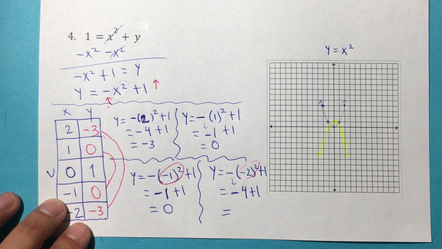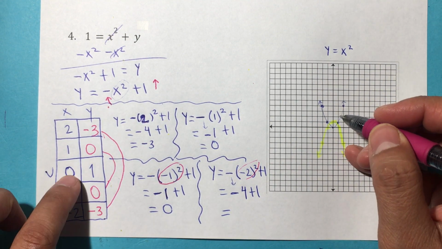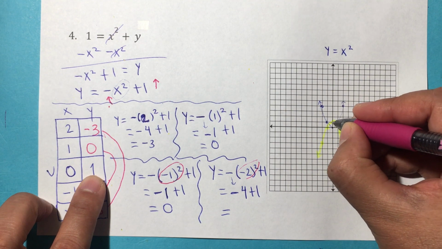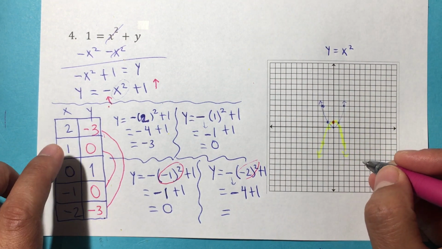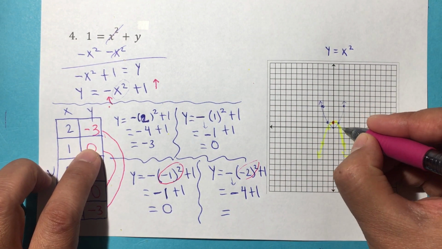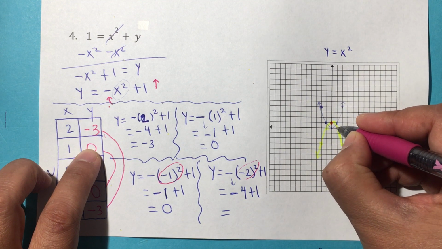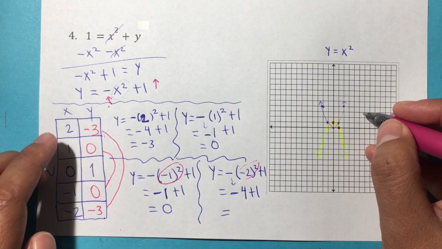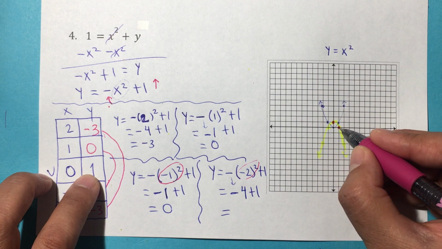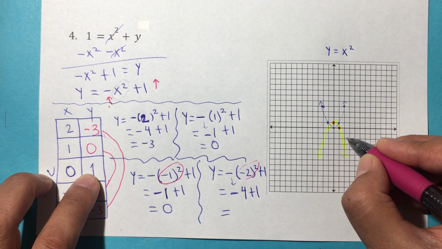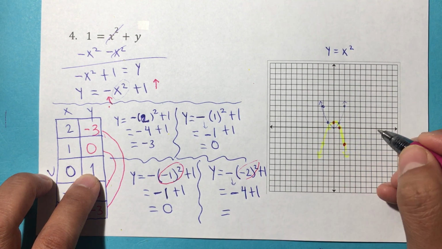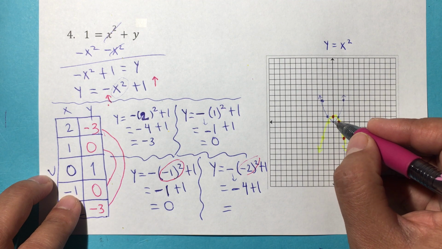And so now let's plot them. 0, 1 is 0, 1 right there. 1, 0 is right there. 2, negative 3, 1, 2, 1, 2, 3 right there. For the next one, negative 1.